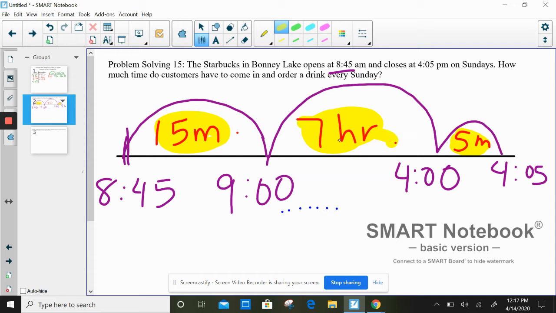Do you see how I was really clear on what my units were? It's not 15 hours plus 7 hours plus 5 hours. I would start by adding the minutes first, since you only have one unit that's hours. So 15 minutes plus 5 minutes is going to give me 20 minutes.